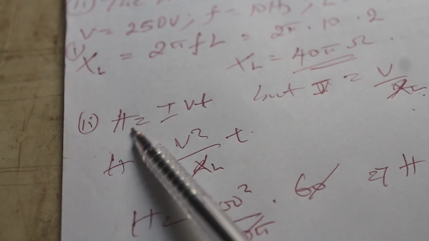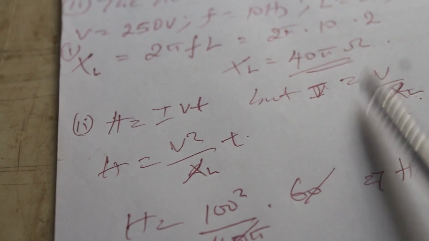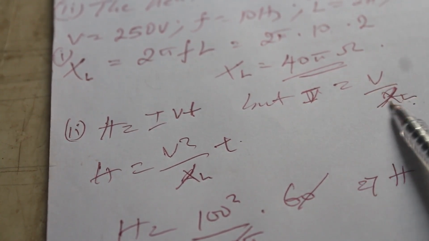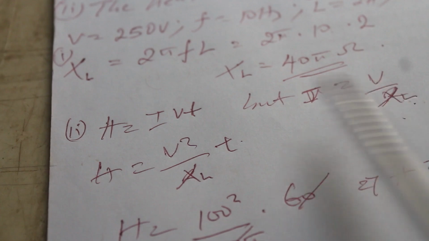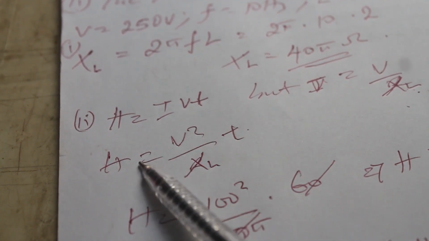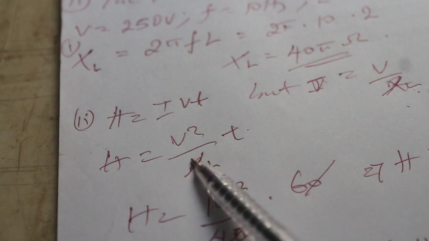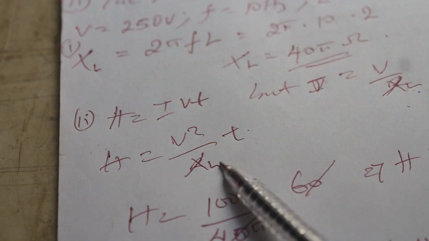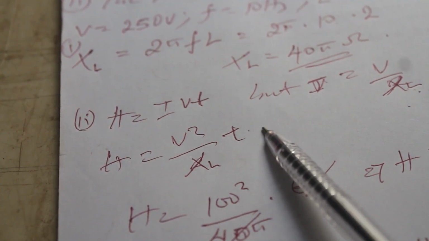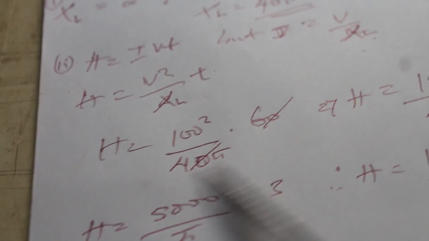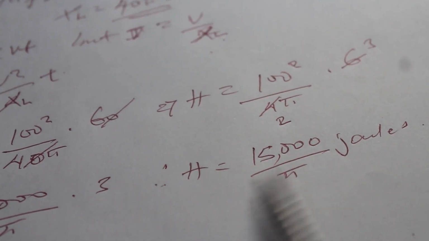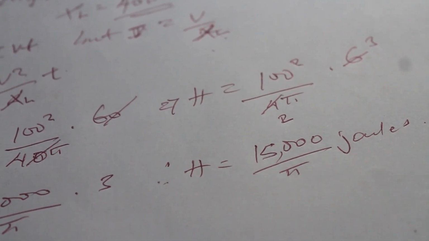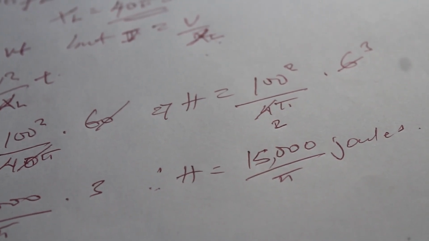Then electric heat is equal to IVT, but we know that I is equal to V over inductive reactance, and this gives us, if you put it in this equation here, V squared over XL, which is inductive reactance, multiplied by time. Of course, when you do all of that, we arrive at our answer being 15,000 all over pi joules. Thank you.